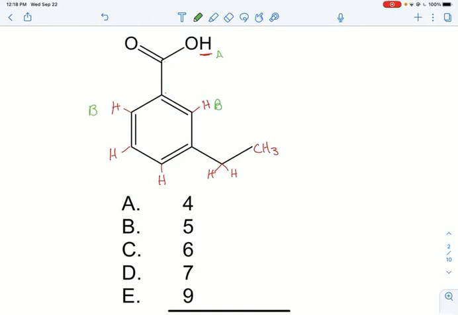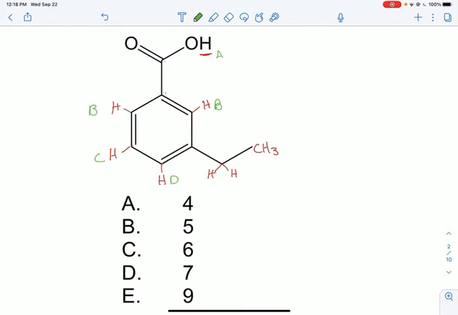This one down here, we're going to call C because it's a different environment than the other 2 B's, and the A, obviously. Right down here, we got D, same reason, different environment, because here you're going to have this ethyl group playing a little bit of influence on it.